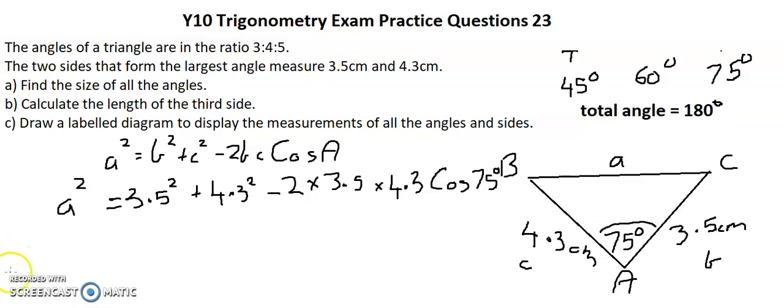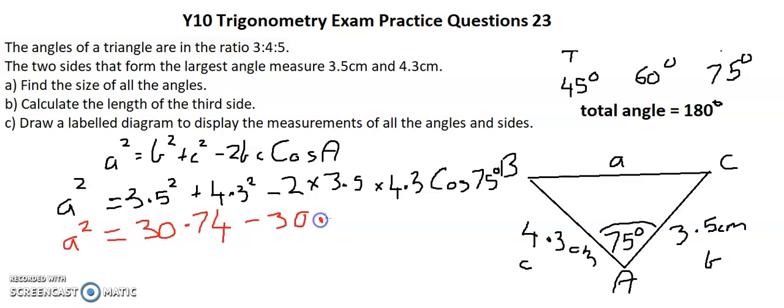So now we just need to simplify this. a squared, and I'll simplify the first part, 3.5 squared plus 4.3 squared is equal to 30.74. Take away 2 times 3.5 times 4.3 is 30.1.